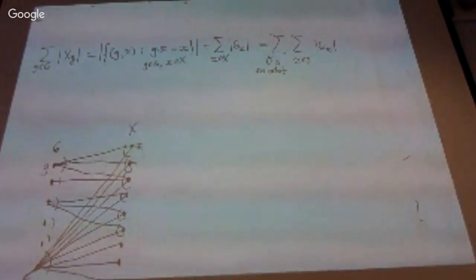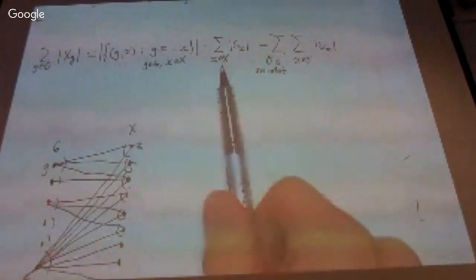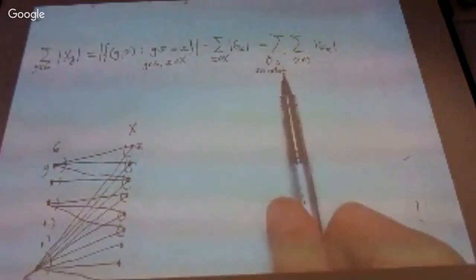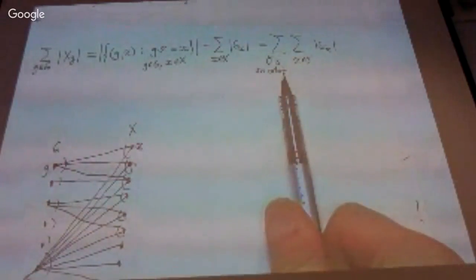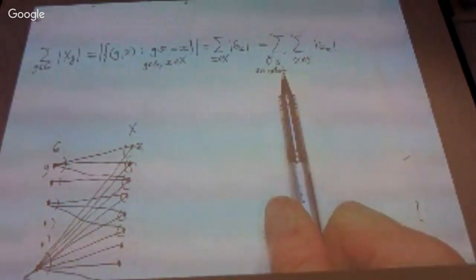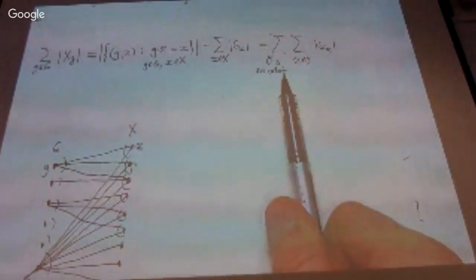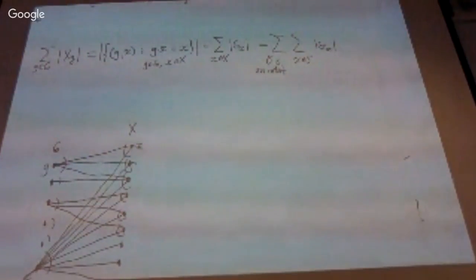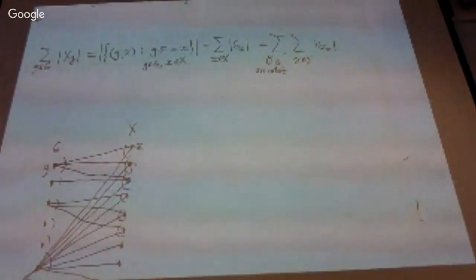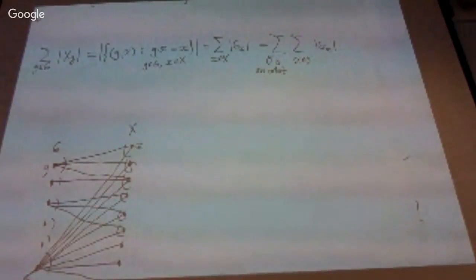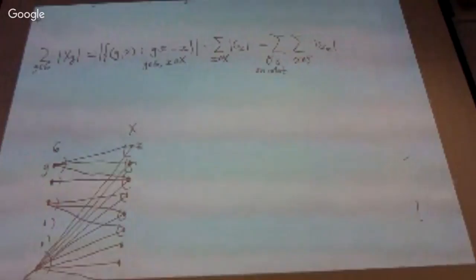Well, that's the same thing, because here you're adding over all the elements of X, but here also you're adding all the elements of X, because everybody is in some orbit. Okay, so that's the same thing.